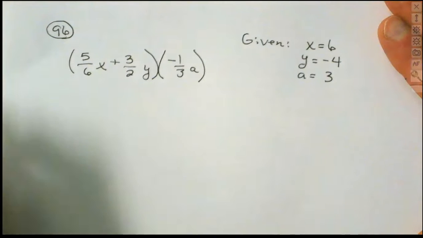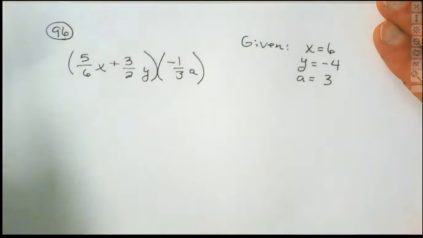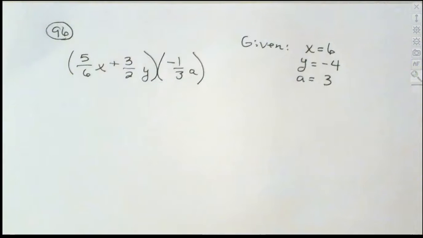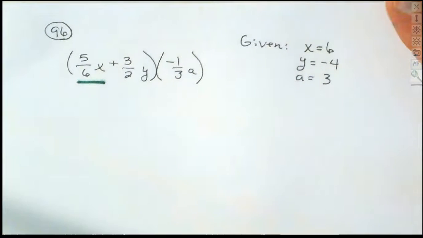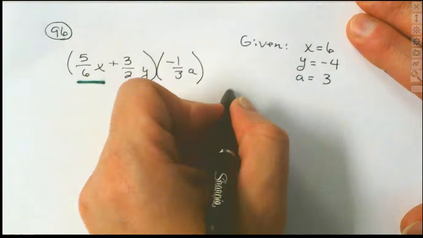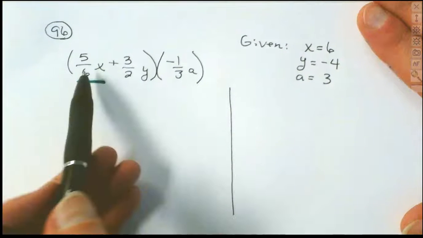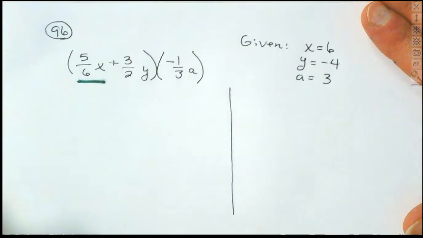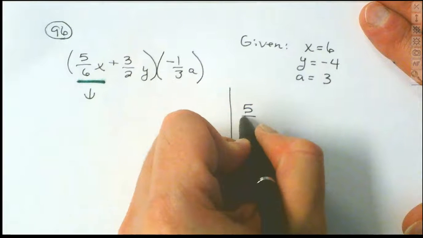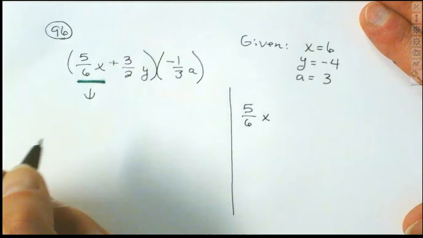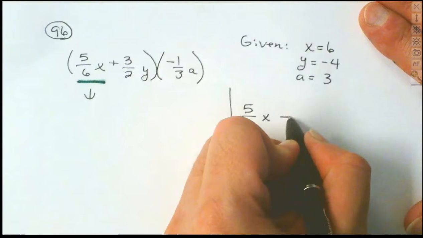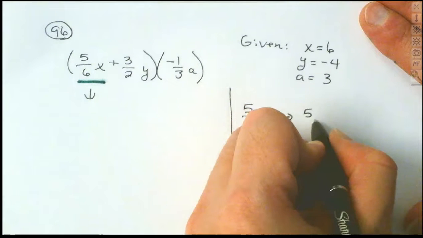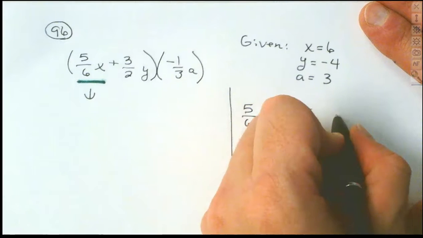So let's plug our values in, and we'll just do each one individually over to the side here. Okay, so I'm just going to work on this one in green, and we'll do it first. So what do we have? We have 5/6 x. So I'm going to plug in that 6. So that's going to be 5/6 times 6.